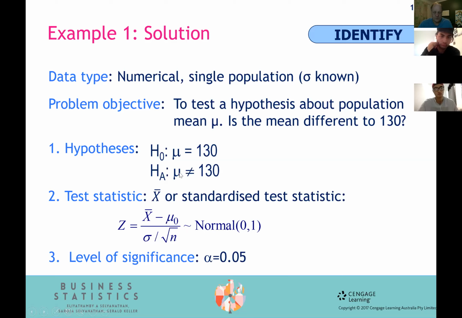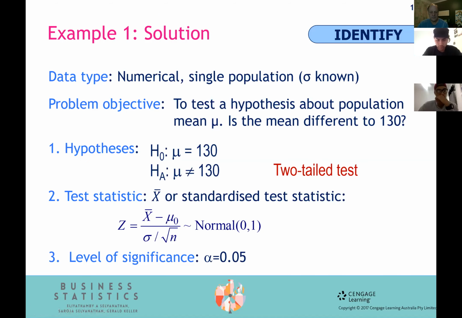Hypothesis 0 is mu equals 130, where mu is the parameter of the population, right? And the alternative is that it's not 130. So we calculate the test statistic, so don't worry too much about it. Level of significance alpha 0.05. You'll see where we're going to use that in Excel.